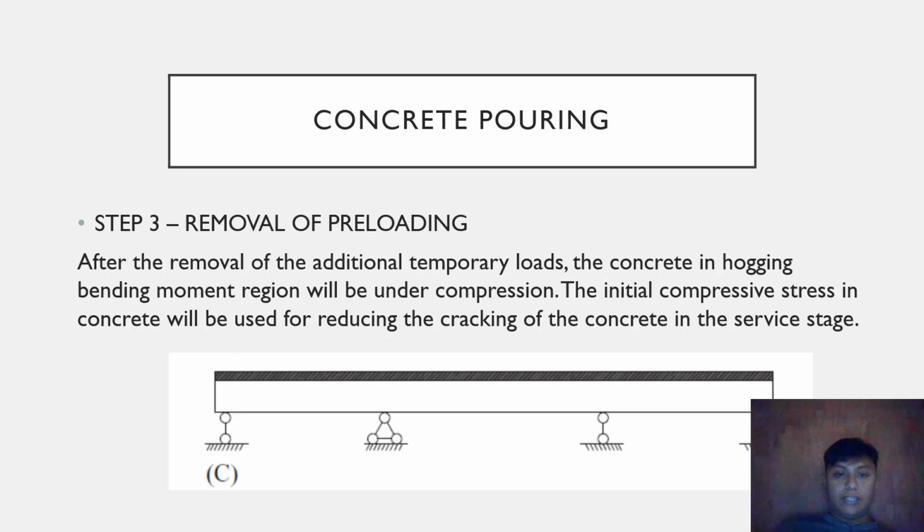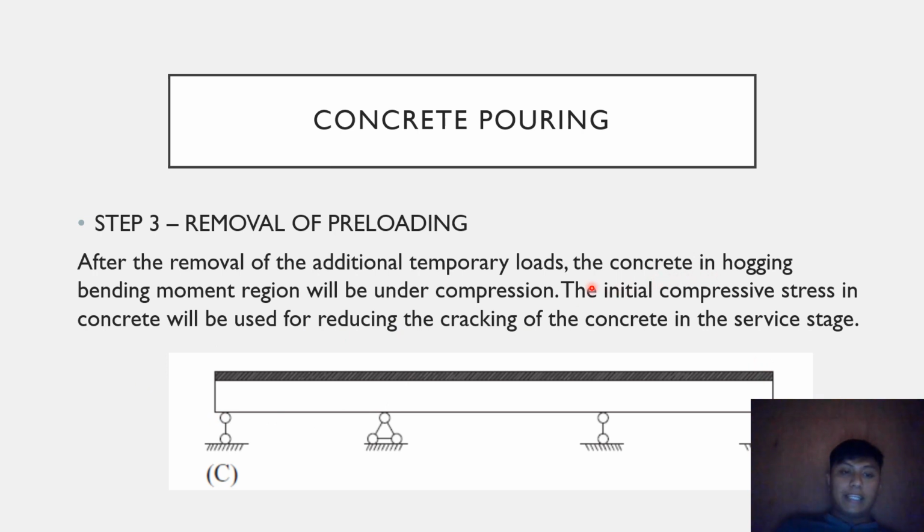Next is the removal of preloading. We can see in the figure that there are no uniformly distributed loads already applied, as in steps 1 and 2. After removal of the additional temporary loads, the concrete in the hogging bending region will be under compression.